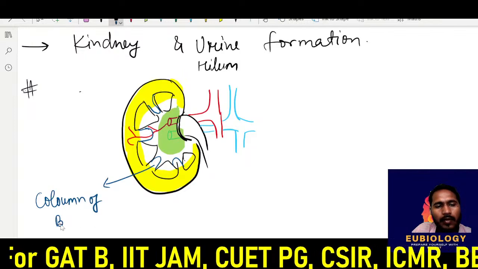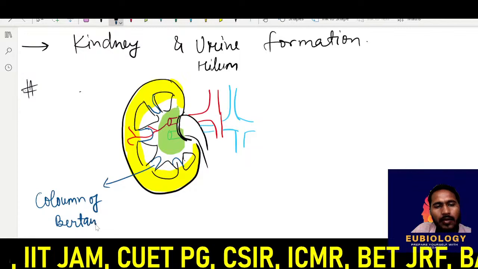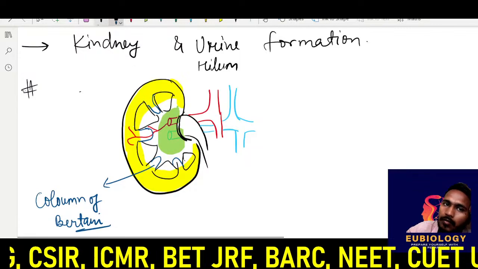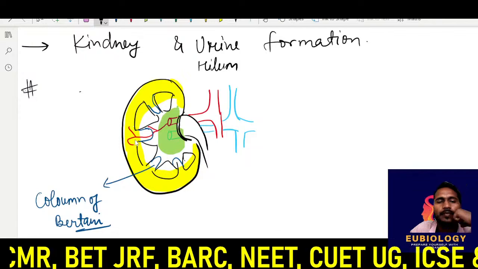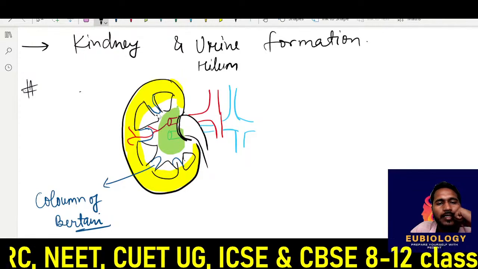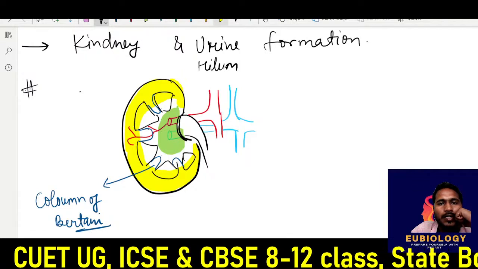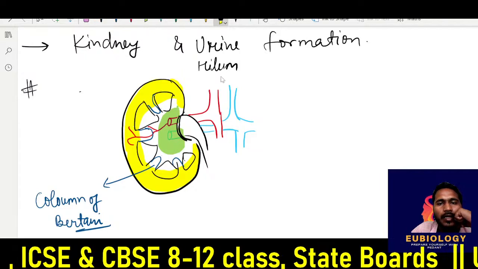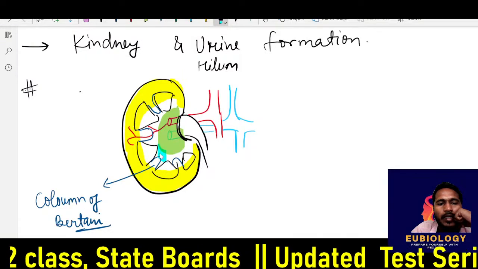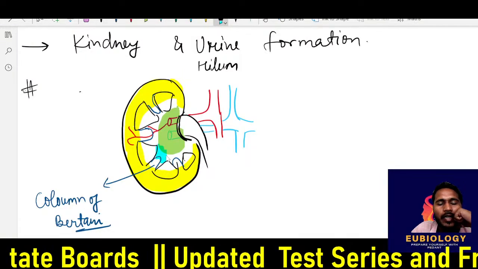And this is a medullary pyramid. This is the medullary pyramid, and the region which you are seeing, I should make with a different color. I will take this. So this region either can be wider or a little narrower.